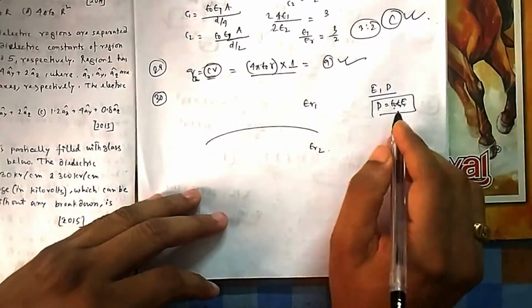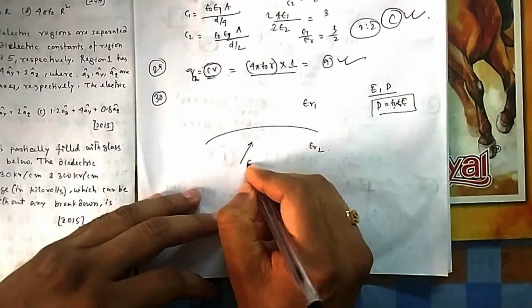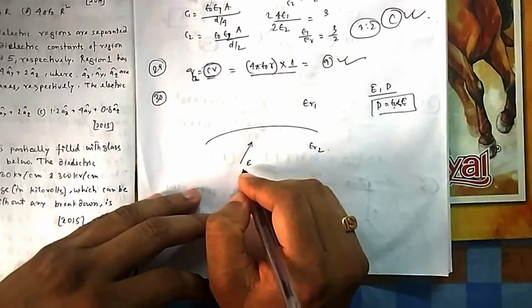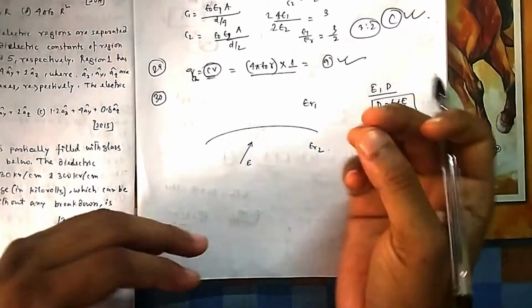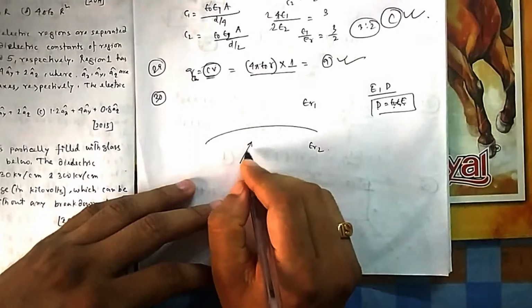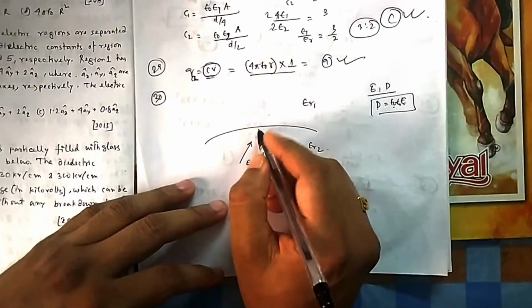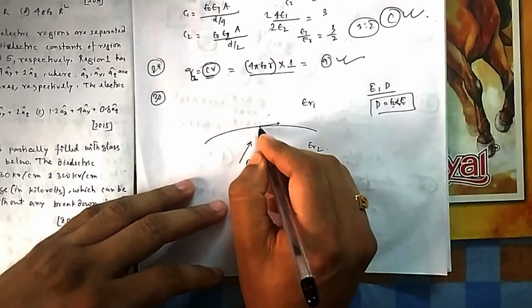Now for any electric field you have two parts. Suppose this is my electric field, moving from this side to this side. So D will be a little greater than E because epsilon is a factor. Any D that is coming out will have two parts, one is a tangential part and one is a normal part.